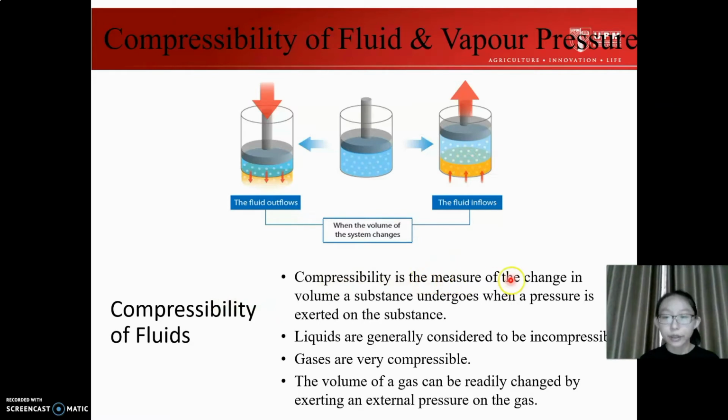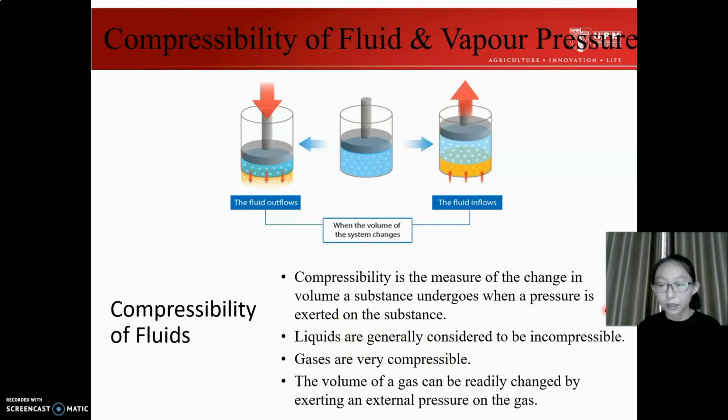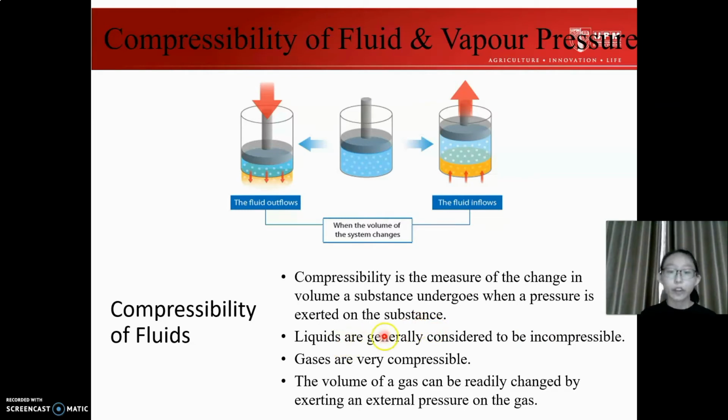Compressibility is the measure of the change in volume a substance undergoes when pressure is exerted on the substance. Liquids are generally considered to be incompressible. Gases are very compressible. The volume of a gas can be readily changed by exerting an external pressure on the gas.